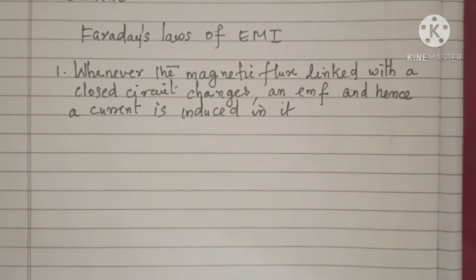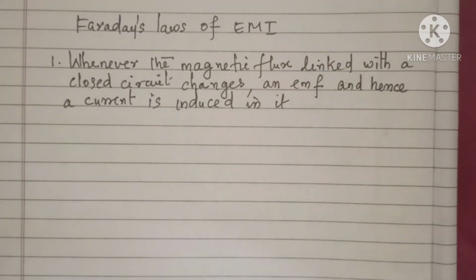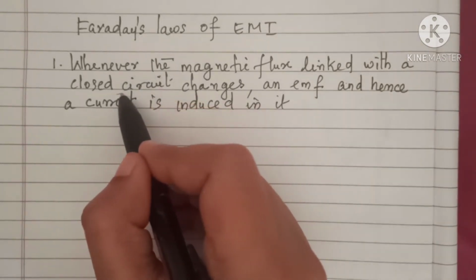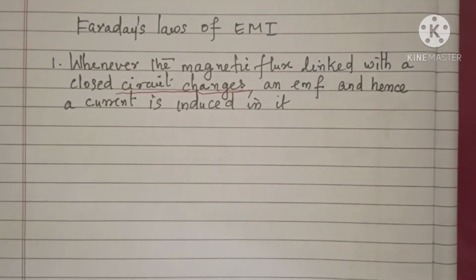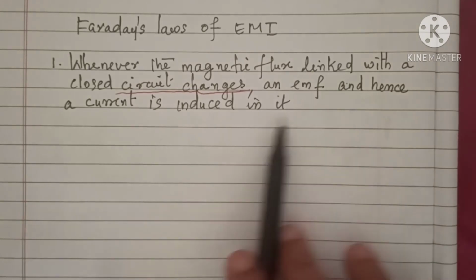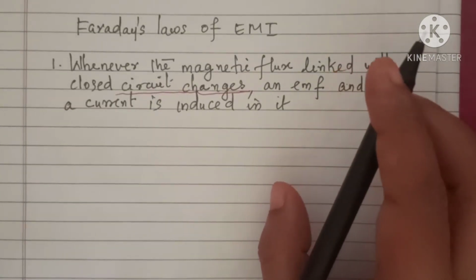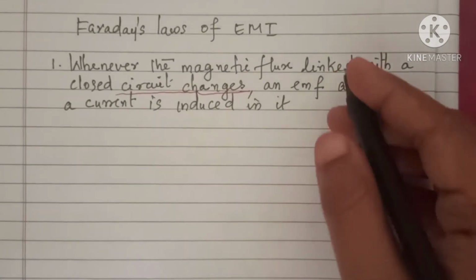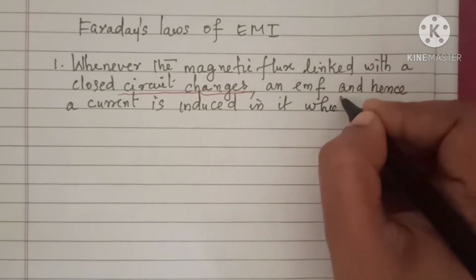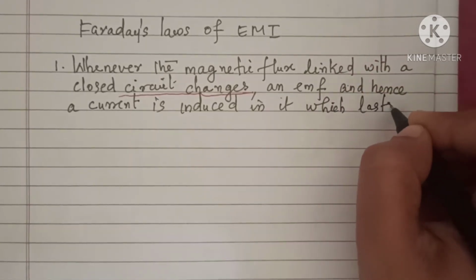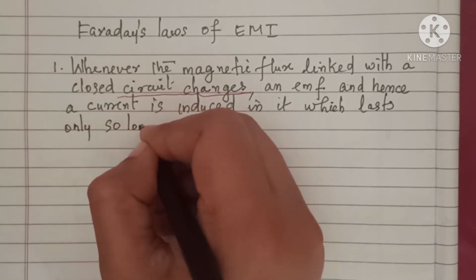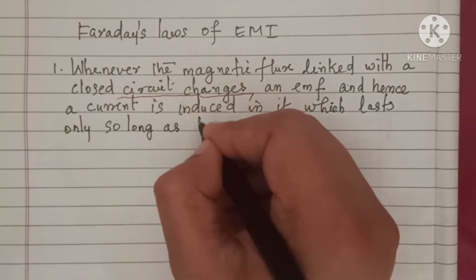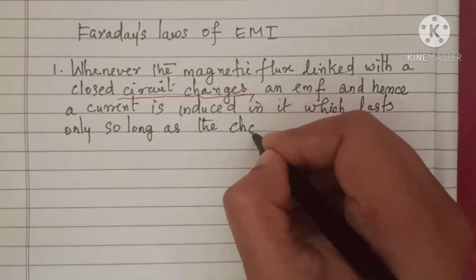Once again, whenever the magnetic flux linked with a closed circuit changes, that is very important. Only if there is a change in magnetic flux does this phenomenon occur, and an EMF and hence a current is induced in it, and this current lasts only so long as the change in flux is taking place.